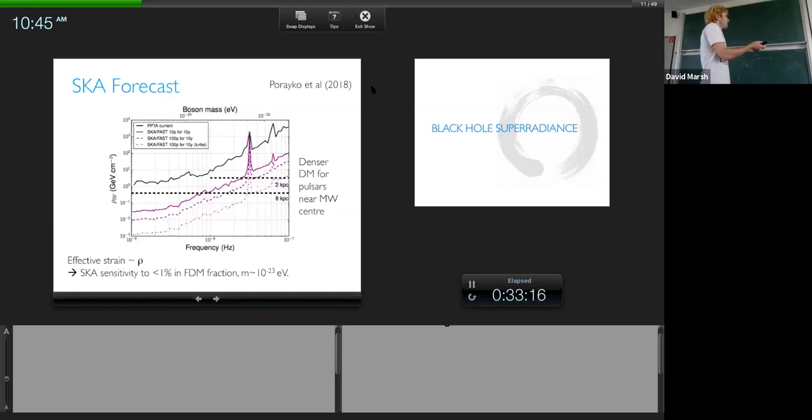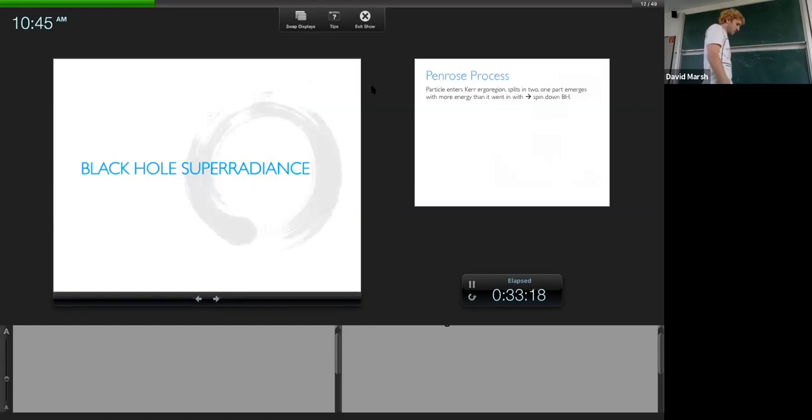Okay, so moving on to black hole superradiance. This is another relativistic correction, and it's going to meet up with our discussion on fuzzy dark matter at the opposite end. So this is going to bracket fuzzy dark matter from the high mass end rather than the low mass end that we've come in from before.